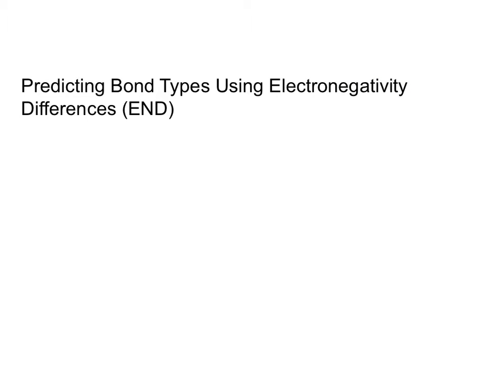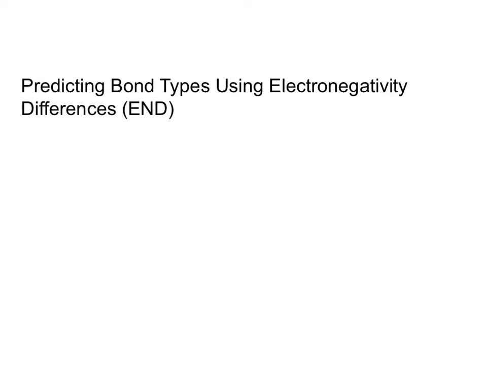So what we really need to do is focus a little bit on how we know what type of bond is being formed. One way that we know the type of bond that's being formed is by using something that we call electronegativity differences, or END. So there's a general format.